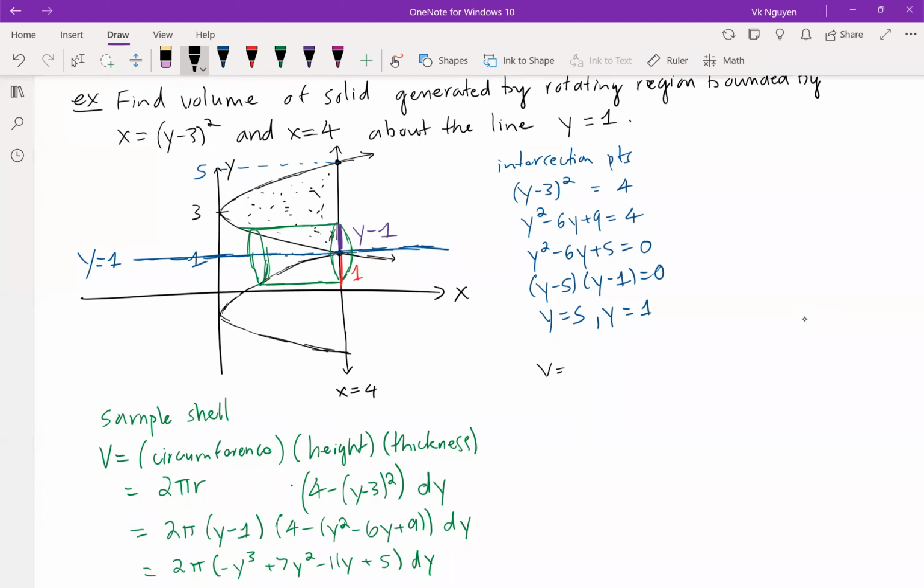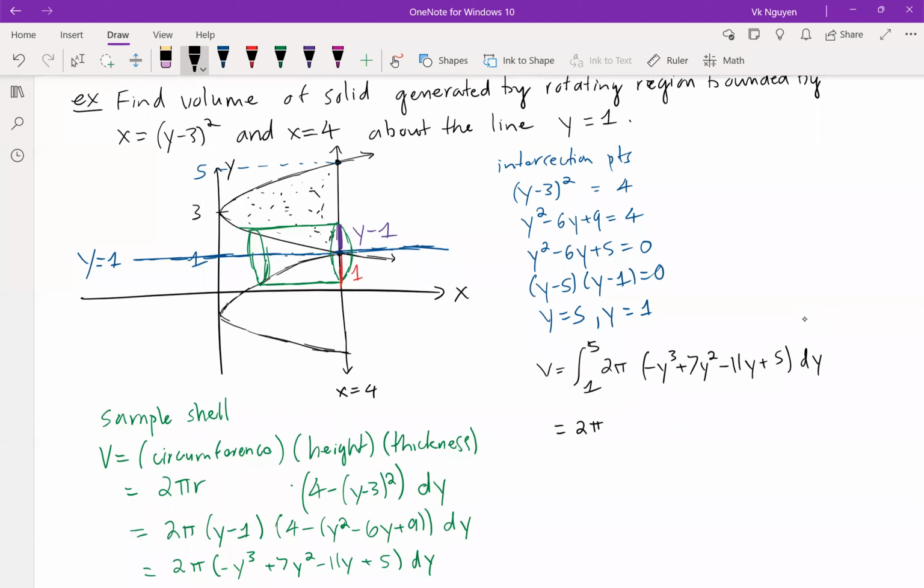So we can figure out the volume of the solid of revolution by adding up these sample shells from 1 to 5. Integral from 1 to 5 of 2 pi (minus y to the 3 plus 7y squared minus 11y plus 5) dy.